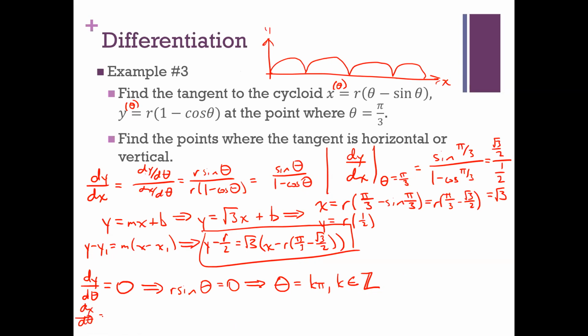How about where the tangent is vertical? That's going to come from dx d theta equaling 0, right? And we said that was r times 1 minus cosine theta. So basically the question we're asking is this: where does the cosine of theta equal 1?